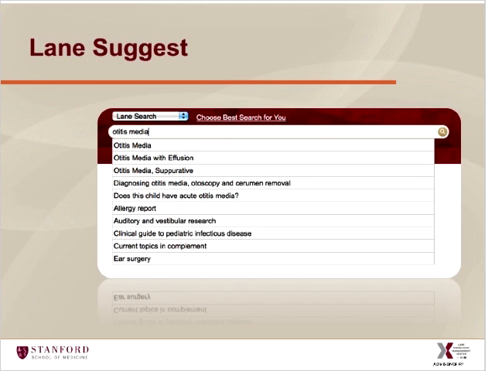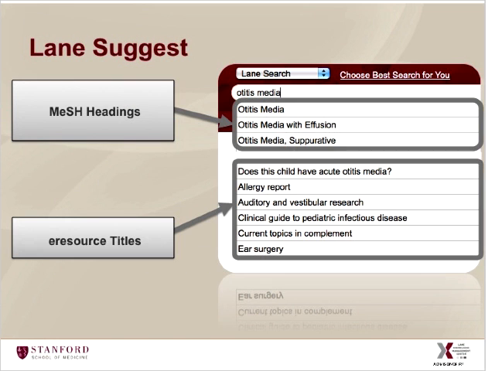Another part of search was something we called Lane Suggest, which is this drop down. So here somebody has typed in, my screen's a little small, and I think it's Otitis Media, but you get a list of suggestions. I don't need to go through the details. There are two categories of information. If you're ever designing one of these things, what are you going to suggest?